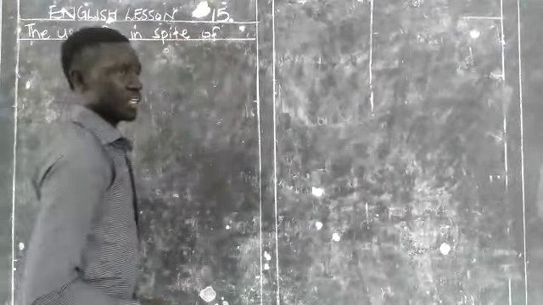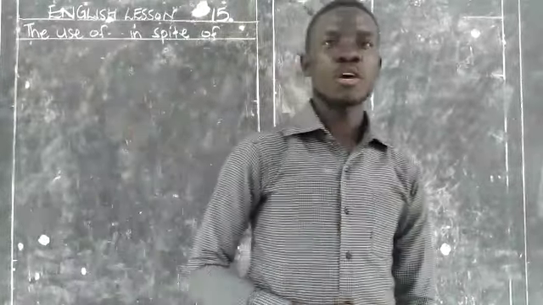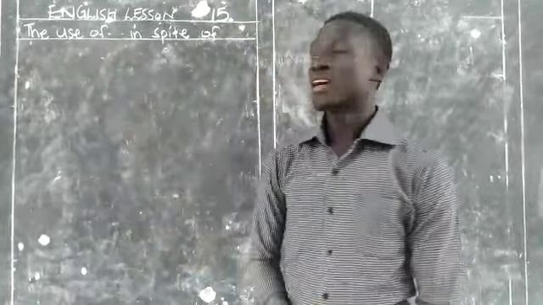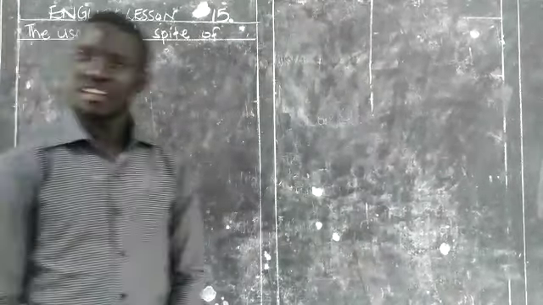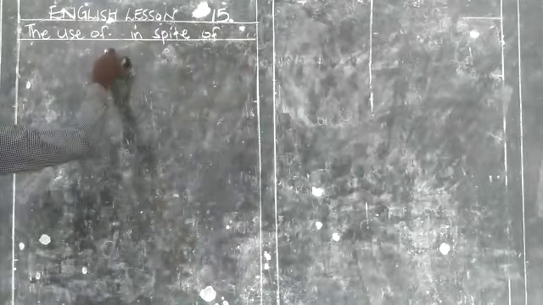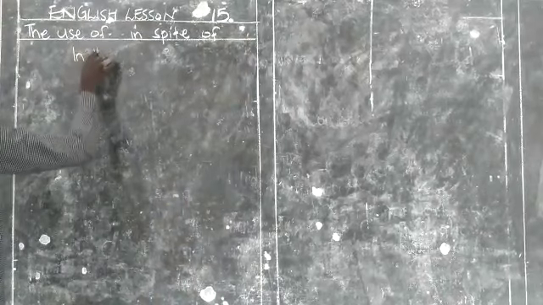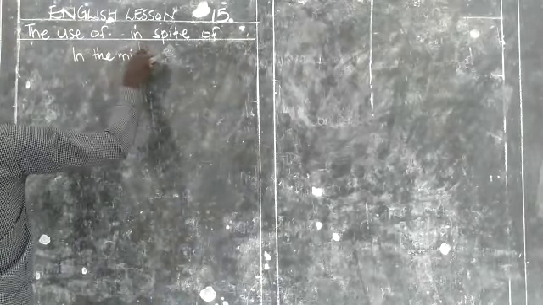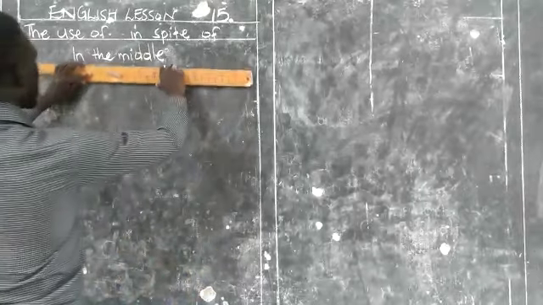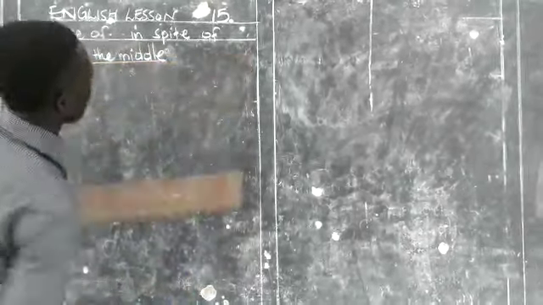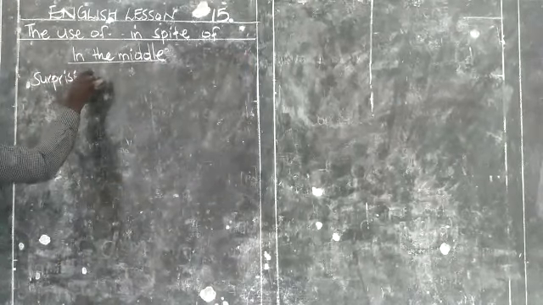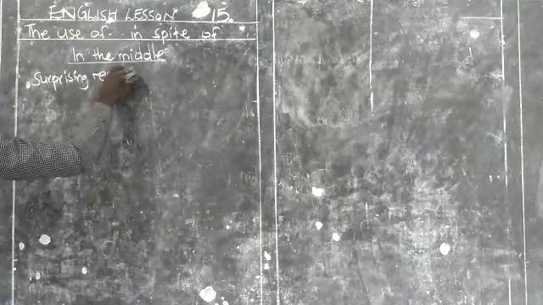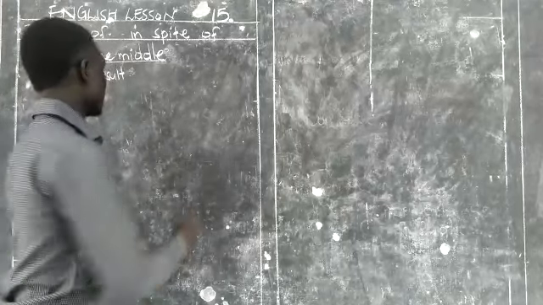As I told you, in spite of is written as 3 separate words. You don't put the words together. When you are writing sentences using in spite of in the middle of the sentence, we also have a different formula to follow. When we use it in the middle of a sentence, we start the sentence with a surprising result.